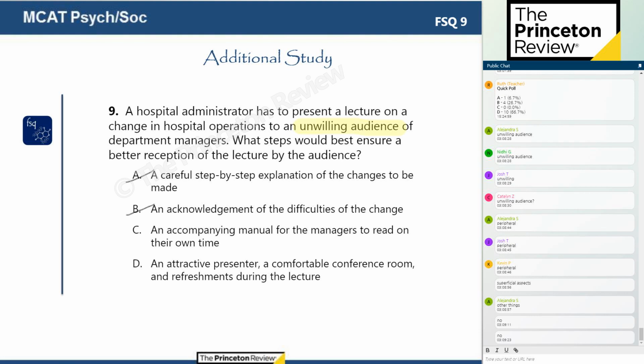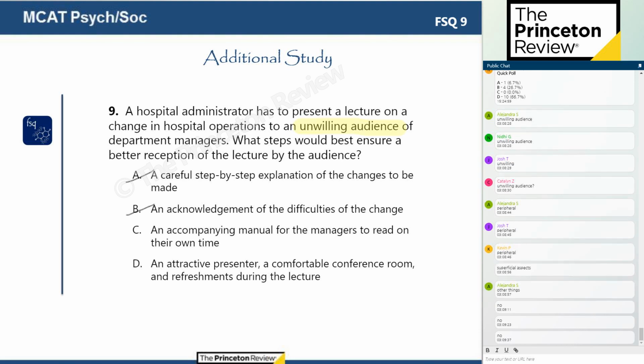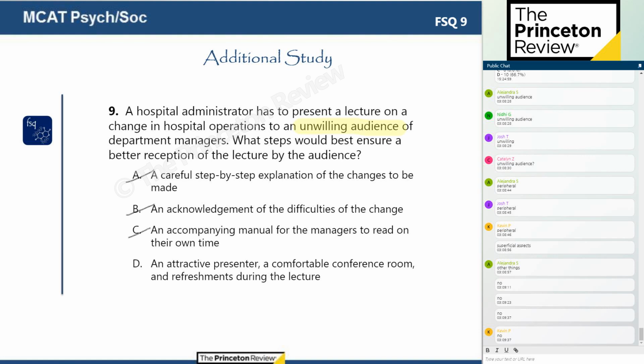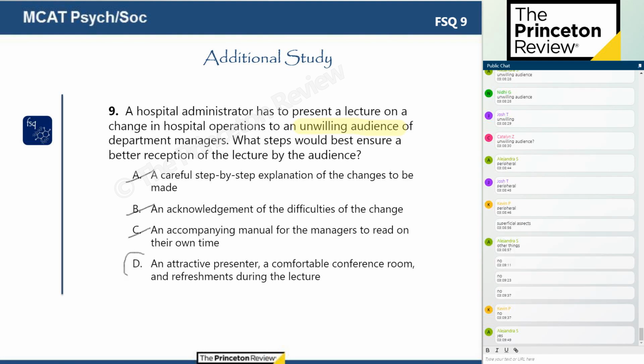No. Would an accompanying manual for them to read on their own time get you a good reception? Yeah, not only no, but pardon me, hell no, right? Would an attractive presenter, comfortable conference room, refreshments, all that additional, all the goodies, right? You have any questions about that?